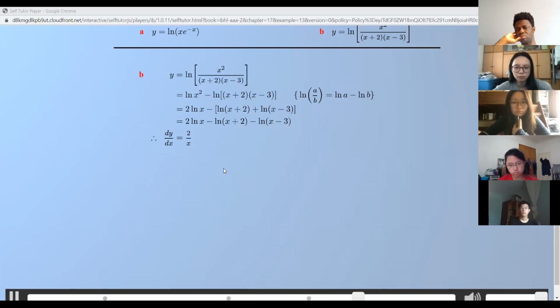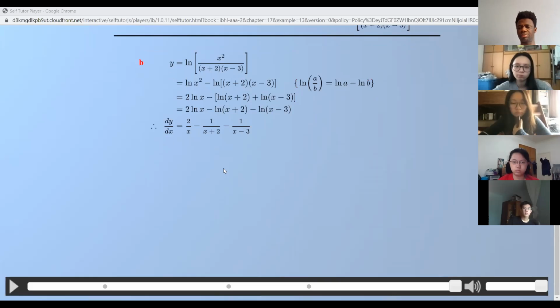The remaining terms both have the form minus 1 times ln something. We start with the constant, then using the chain rule, we have 1 over the something times the derivative of the something.